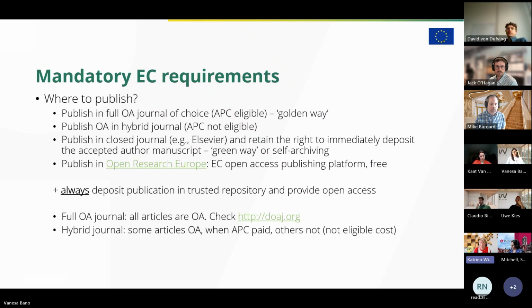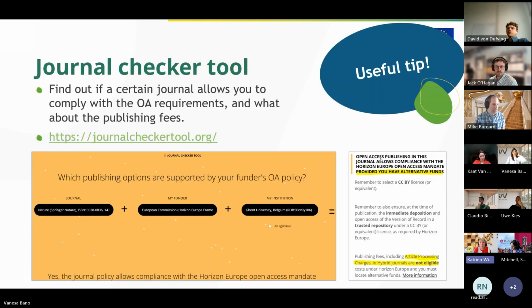And on the next slide, which is also my last one, I've included a link to a useful tool, the Journal Checker tool, which allows you to see what the policy is and if you can comply with the open access requirements by publishing in a certain journal. So you enter the name of a journal, the funder, which is the European Commission, and your institution, and then it tells you whether it allows you to comply with the requirements, but also what the situation is with the publishing fees.